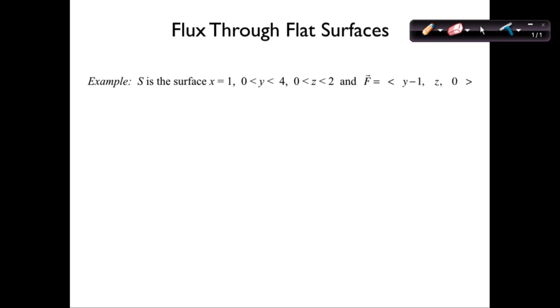So S is the surface x equals 1, y from 0 to 4, z from 0 to 2, and the vector field is (y minus 1, z, 0). It's an R3 vector field. We've had lots of practice with those. Given any point in space, those components tell you what the vector is at that point. All right, so you should be able to sketch that surface very easily. Can you make a sketch of that surface?